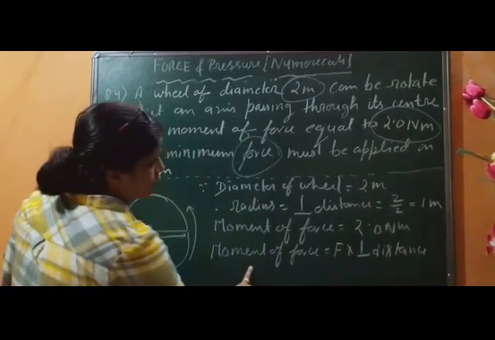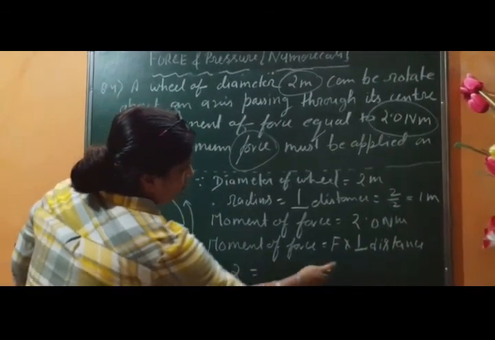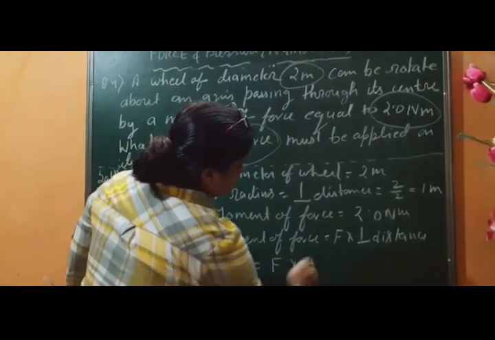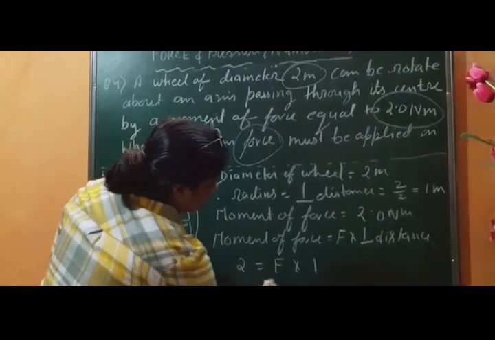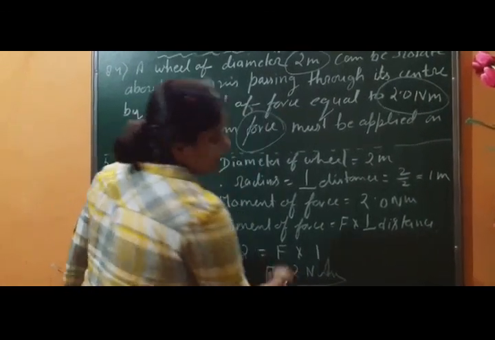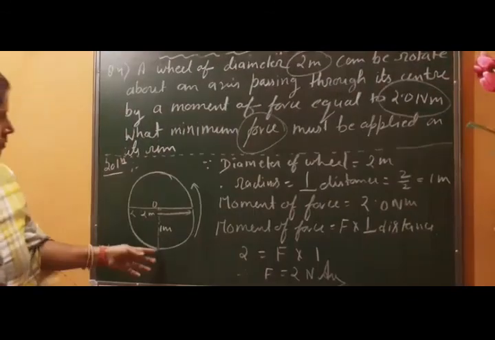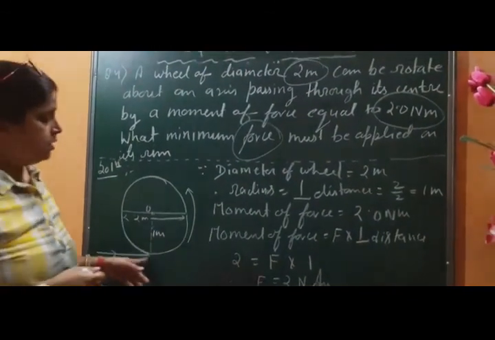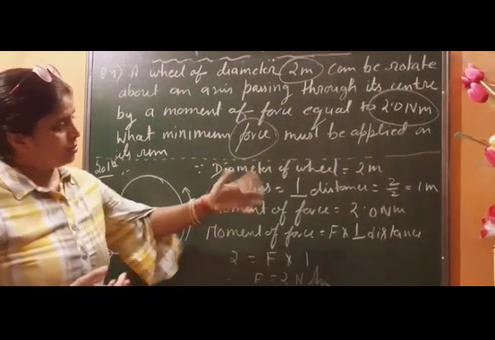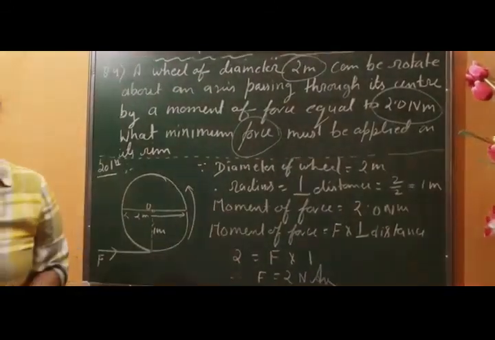Moment of force is 2 Newton meter is equal to force, not given, into perpendicular distance, that is 1. Therefore force is equal to 2 Newton. This is the minimum force we have to apply from the maximum perpendicular distance of 1 meter, for a moment of force of 2 Newton meter. So this is your answer.